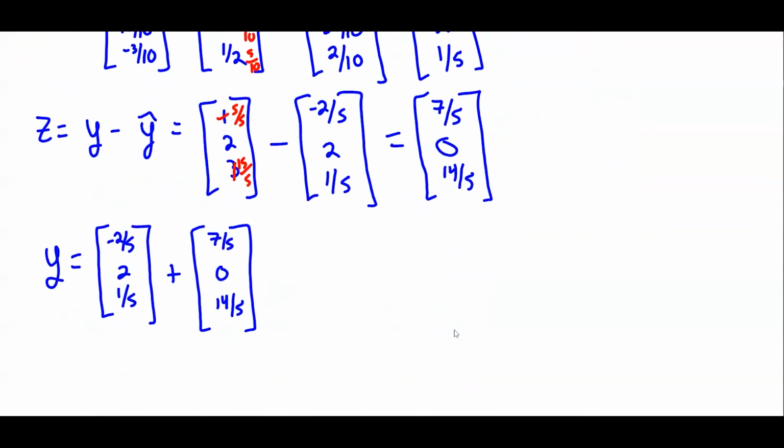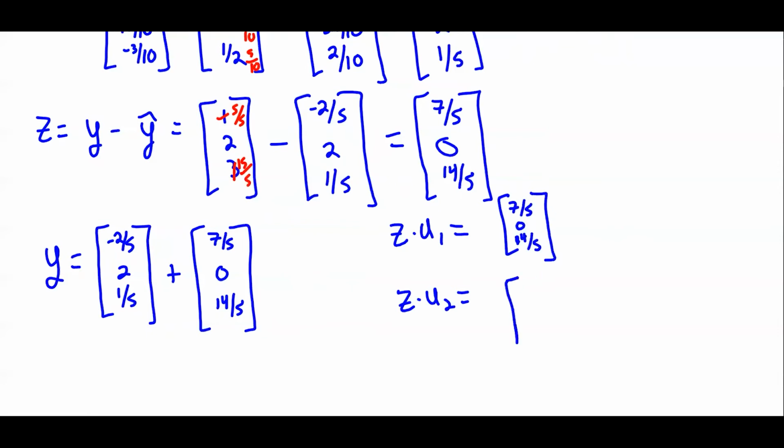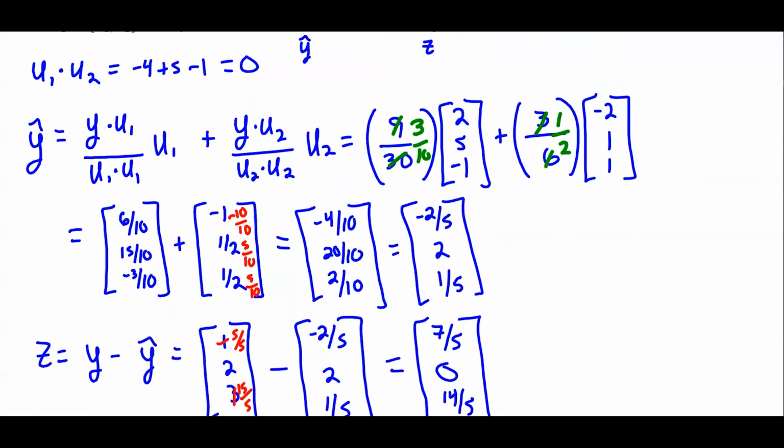Let me just show you. z dot u1, z dot u2. We need to do both of these. So I'm taking z, and I'm going to dot with u1 and u2.